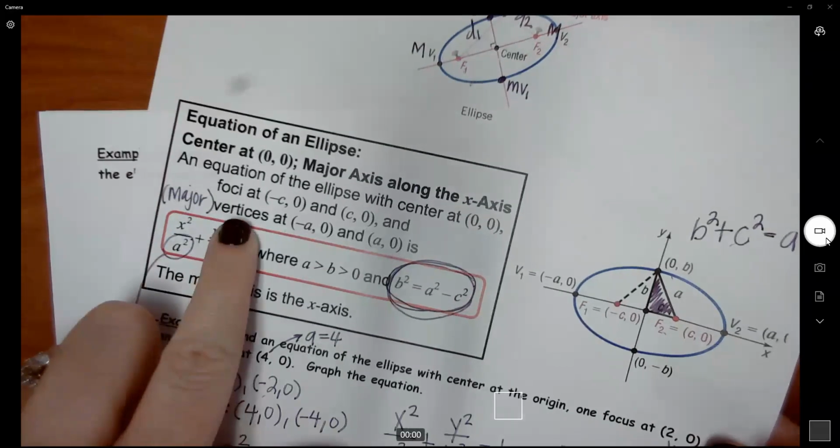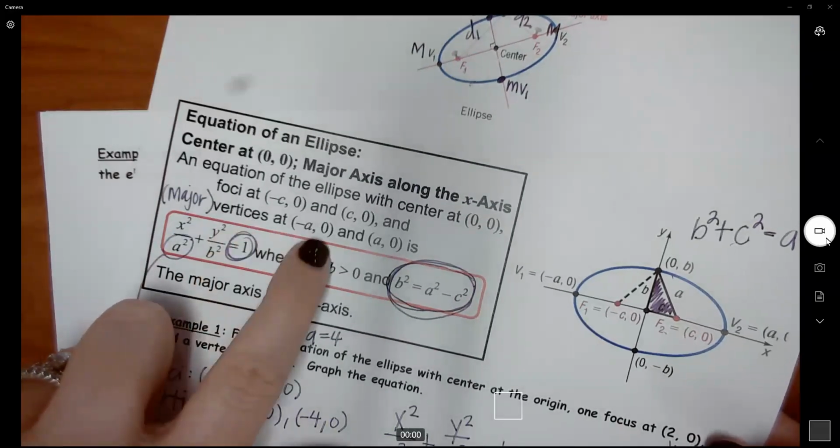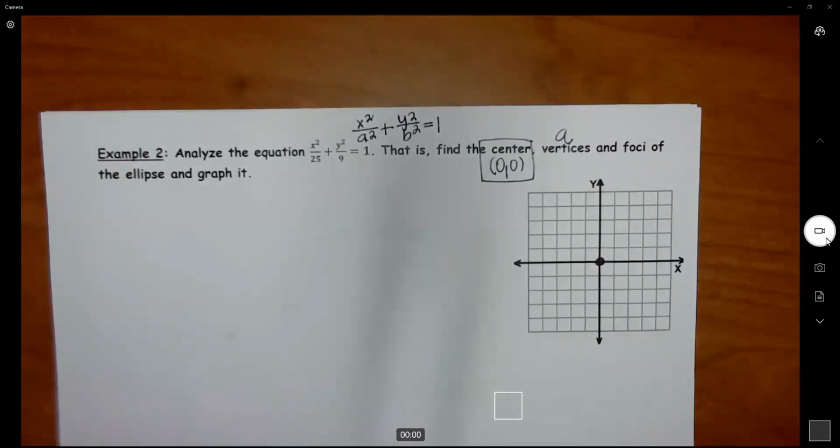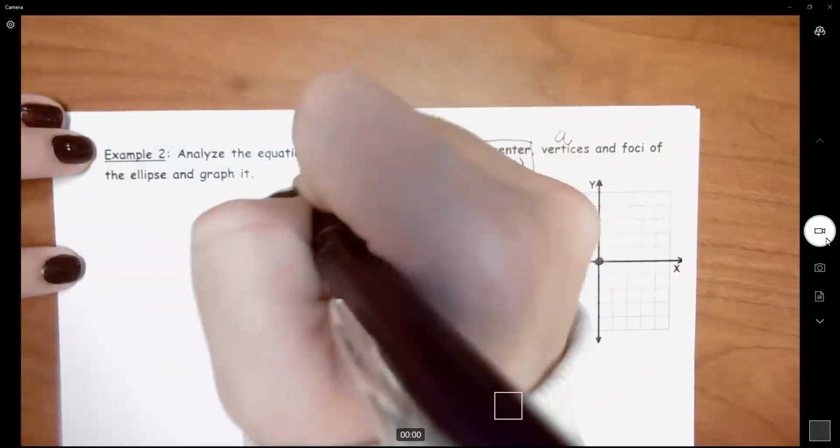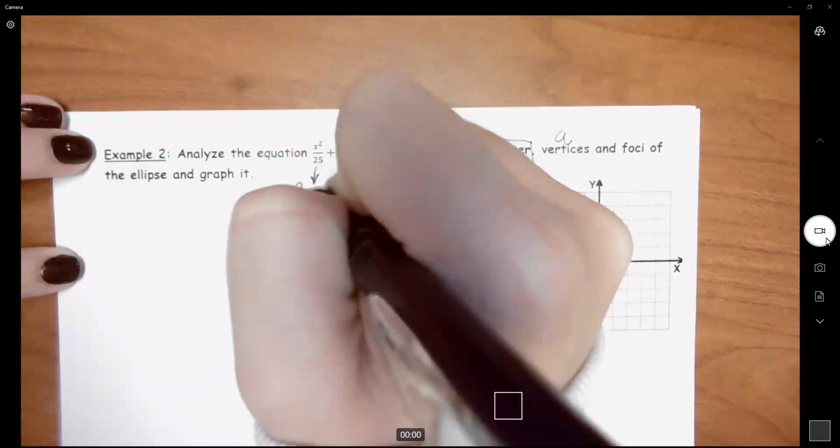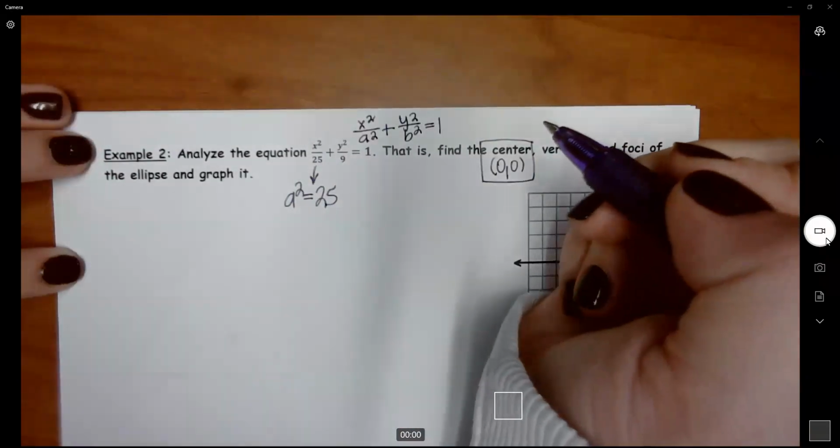My vertices are at negative and positive A. So my A squared here equals 25.